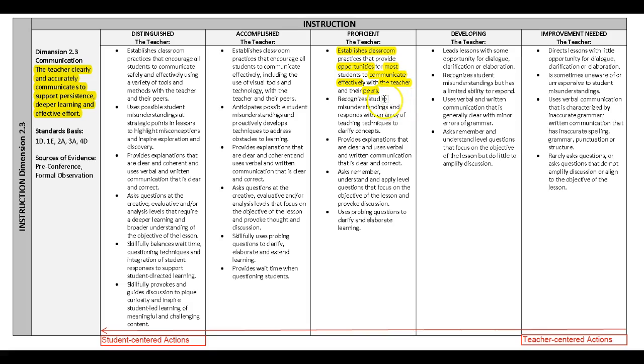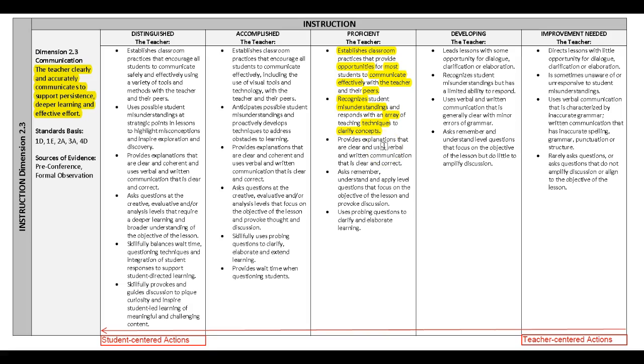The teacher recognizes student misunderstandings and responds with an array of teaching techniques to clarify concepts. So she or he has a variety of ways to clarify as they teach.